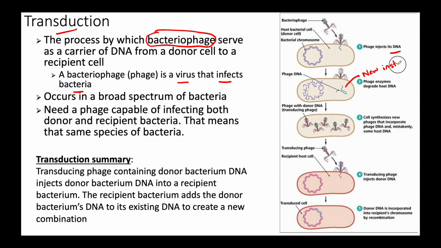And these instructions are going to tell the cell to do something very different than what the original instructions told the cell to do. Part of that is making some new enzymes that actually digest or destroy the chromosomal DNA. Here it's nice and intact, but now here it's all chewed up into pieces.